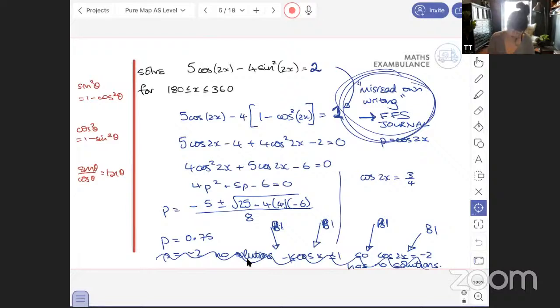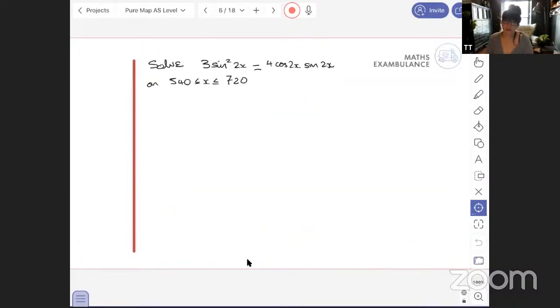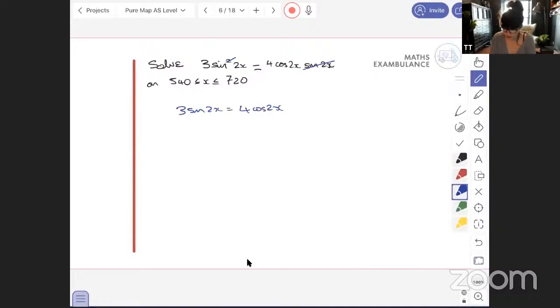The first step is fiddling around, using these rules, getting it down to the point where you're solving an equation, and then solve the equation. So with this one, I'm going to just get it down to that point. We can divide both sides by sine 2x, and then this is one of those situations where it doesn't say tan 2x, but I've got that fact in my head that sine x over cos x can be replaced with tan x, or vice versa.